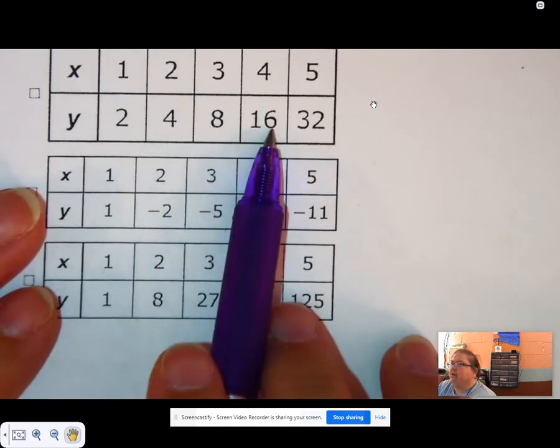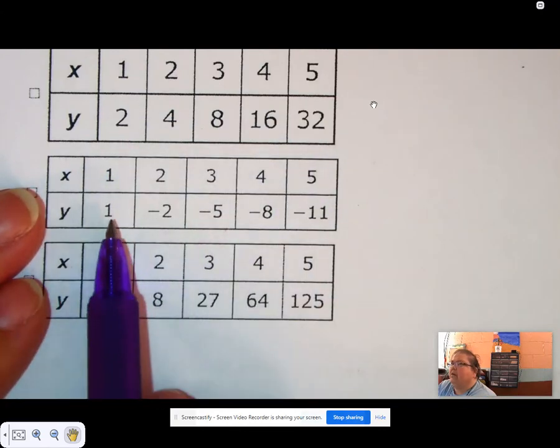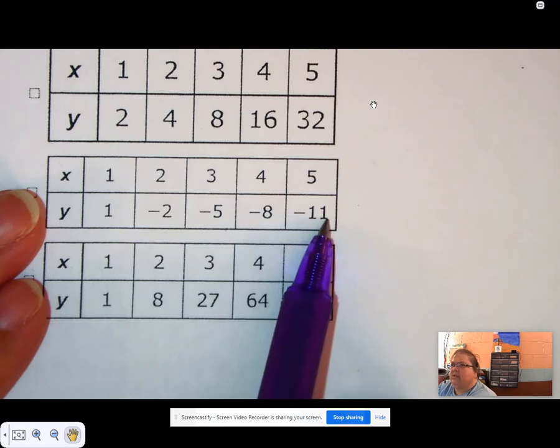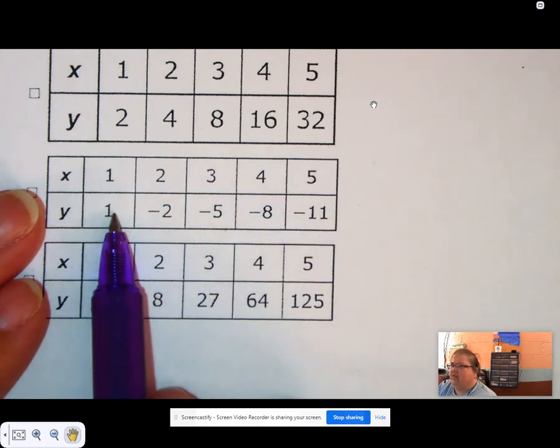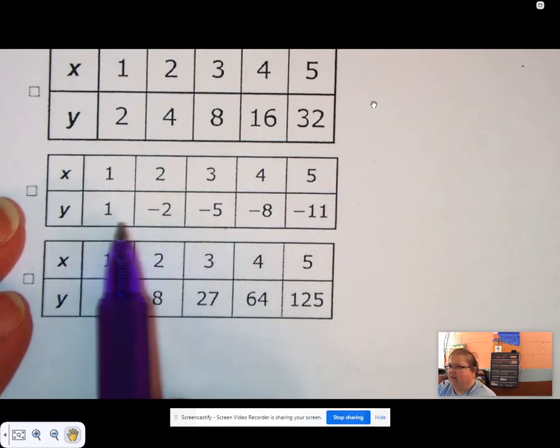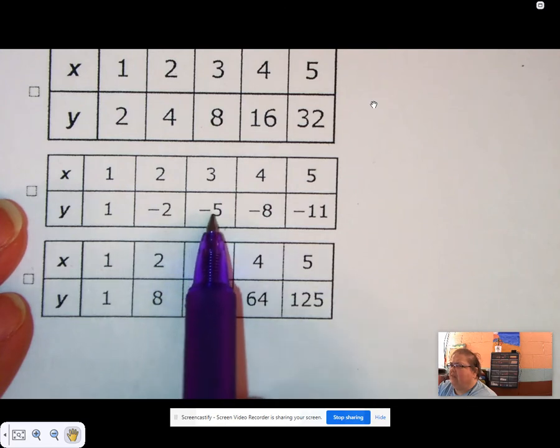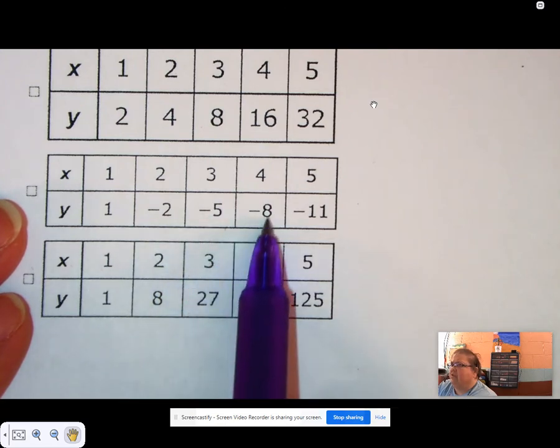That's geometric, right? When you multiply, okay. Is this one changing by a constant rate? Definitely not. Because 1 minus 3 is negative 2, and negative 2 minus 3 is negative 5, and negative 5 minus 3 is negative 8.